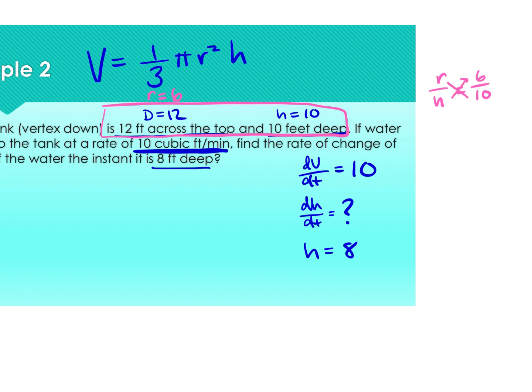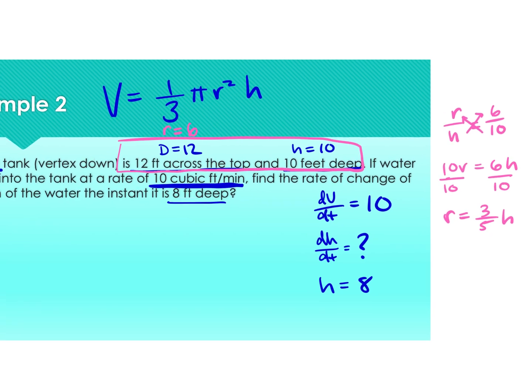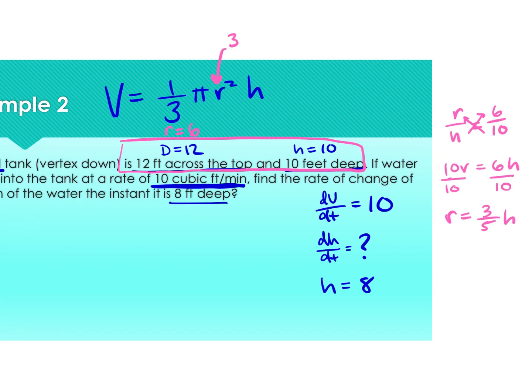We can cross multiply. So 10r is equal to 6h. We're trying to figure out what r equals, so I can divide both sides by 10. So r is equal to, simplify our fraction here, 3 over 5 h. So we're going to replace r with 3 over 5 h.